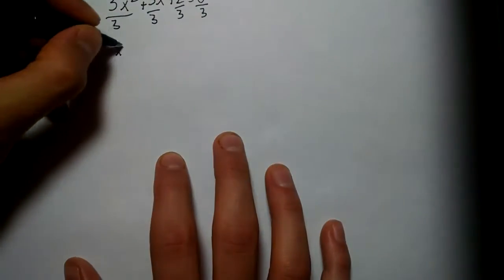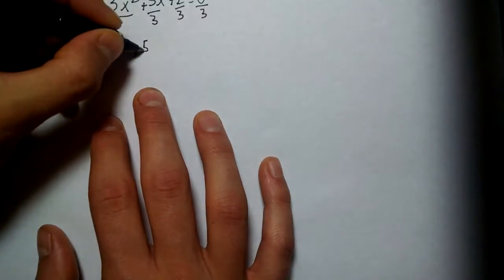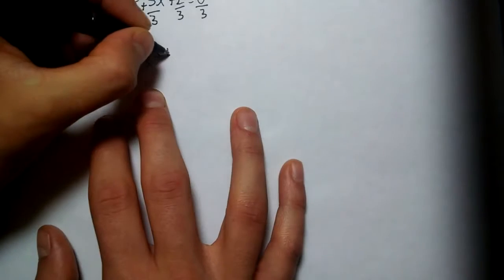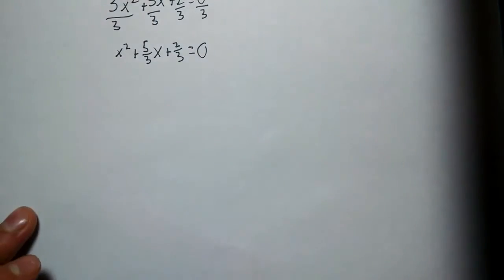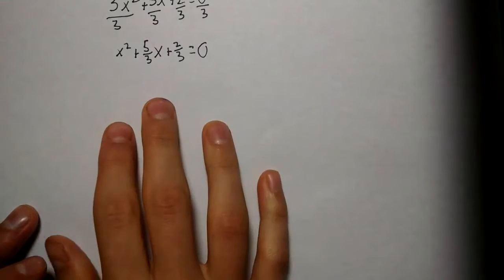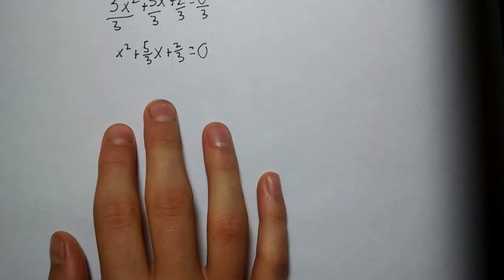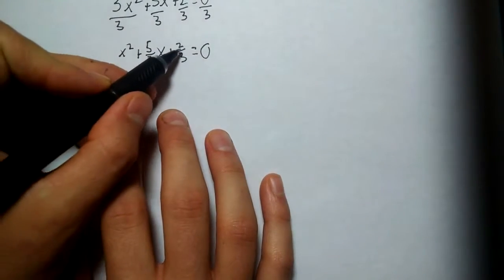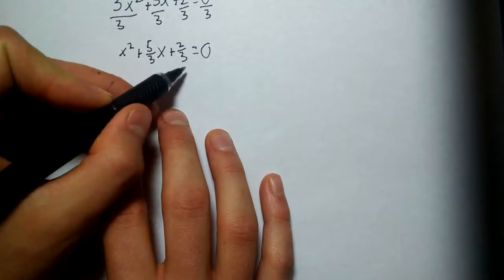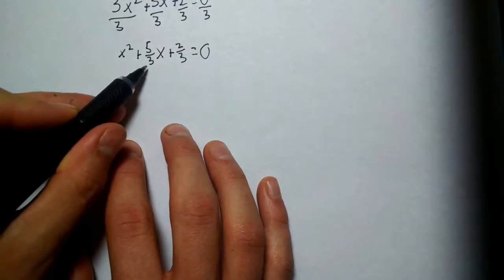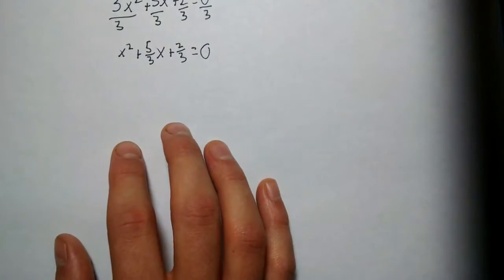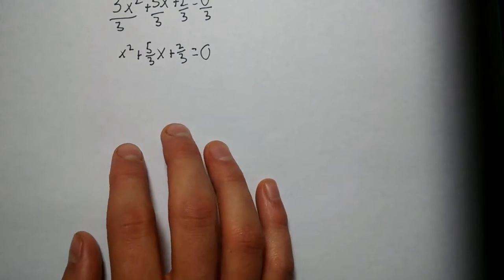Okay, so now we have x squared plus 5/3 x plus 2/3 is equal to 0. 0 divided by 3 is still 0. And if we were to try to factor this, we would be looking for two numbers that multiply to 2/3 but add to 5/3, and that's hard. I don't know what that would be offhand.